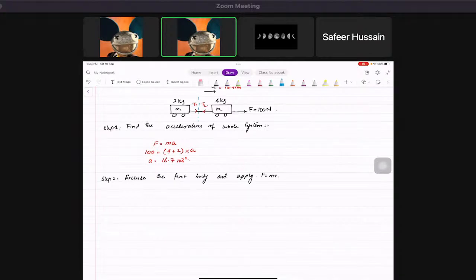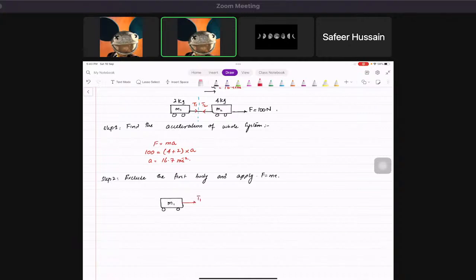So what you're going to do is, when you exclude the body from here, you can just make the first body. That's M1, and you see that it only has one force here, T1.